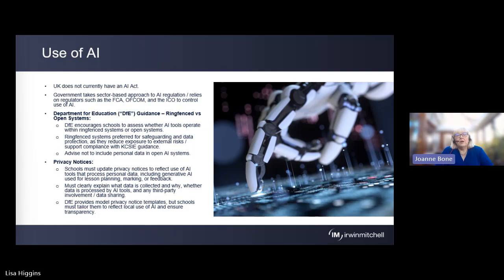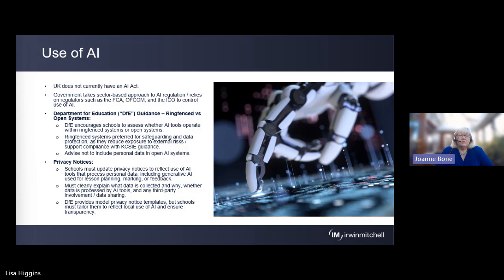An open system is where you put information into, say, a large language model, it goes into the whole knowledge of the AI and it's used for training the AI generally. Obviously, there are issues if you're putting any sort of student or pupil personal data into that in terms of putting it out there.